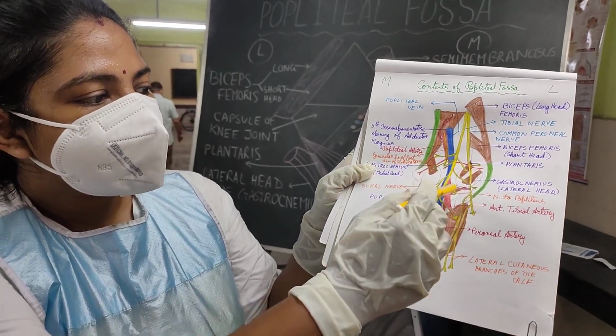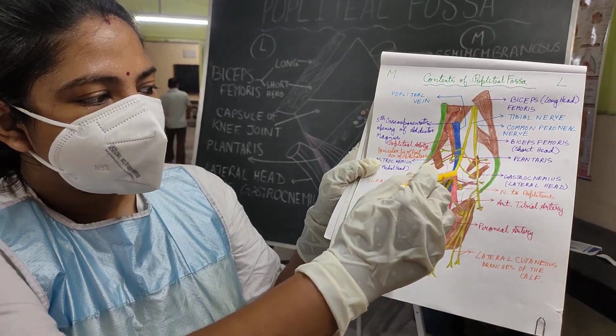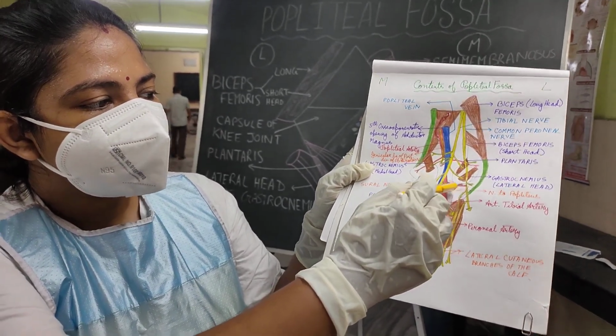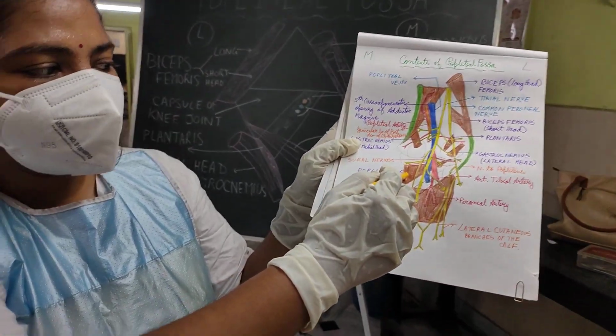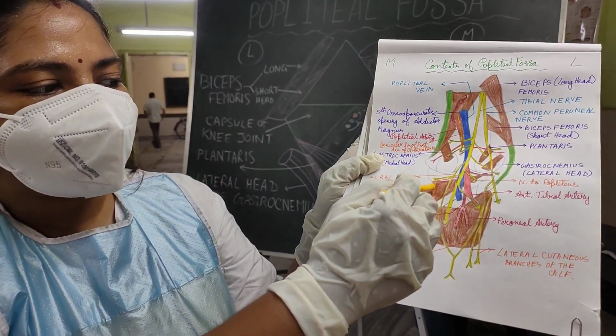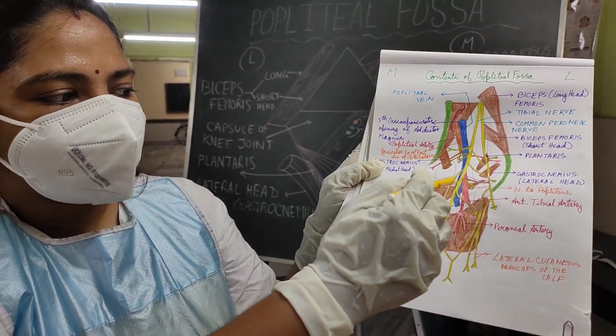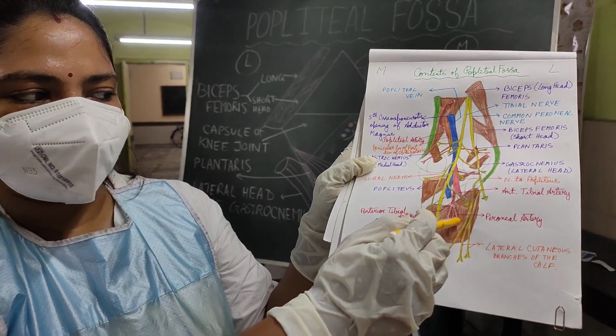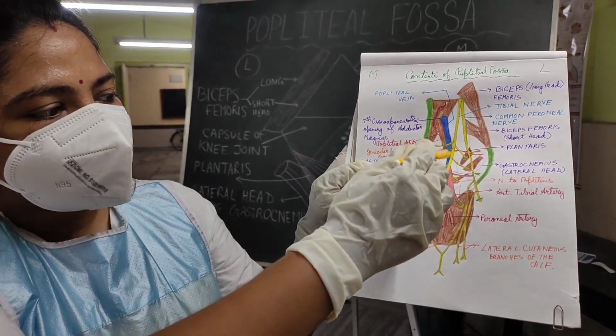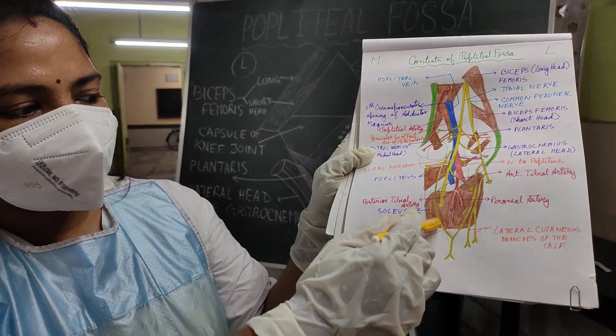Only the nerve to the popliteus will pass beneath the popliteus muscle to supply the muscle from its deep surface. Also it provides a branch to the soleus. The communicating branch is the sural nerve.